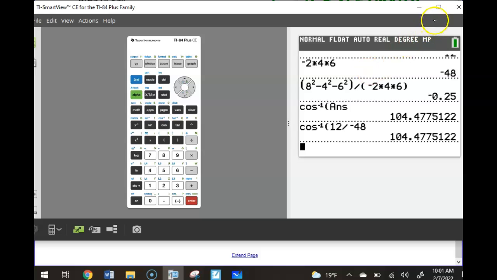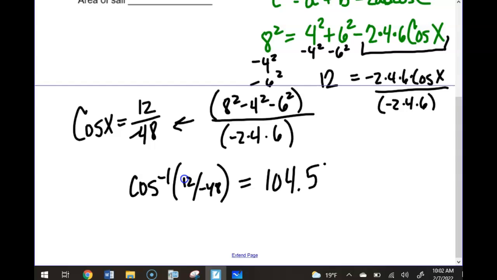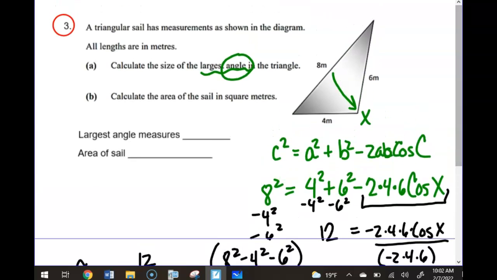Everybody good with 104.5 degrees? Is that what it asks for? Largest angle, 104.5 degrees. Okay. It also asks for the area of the sail.